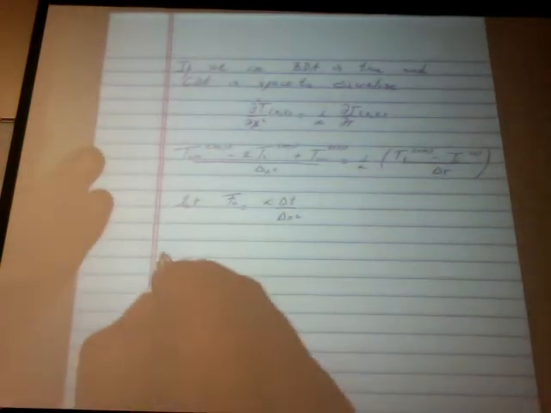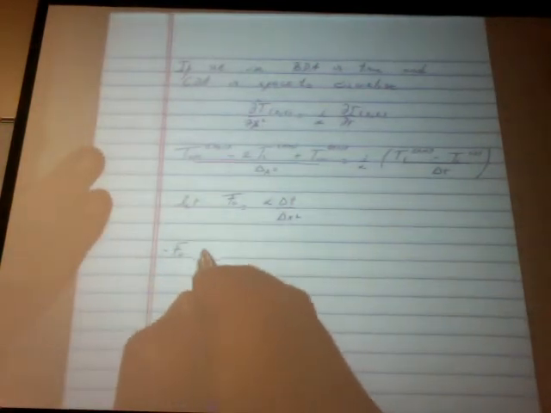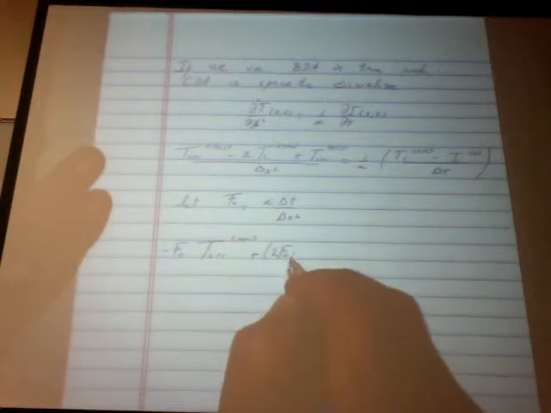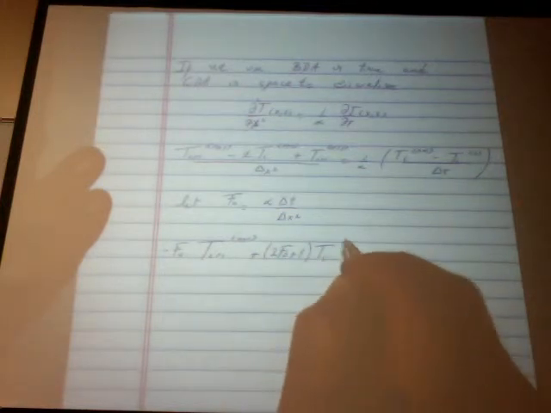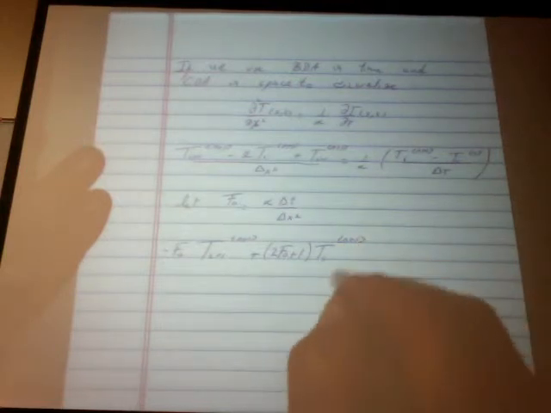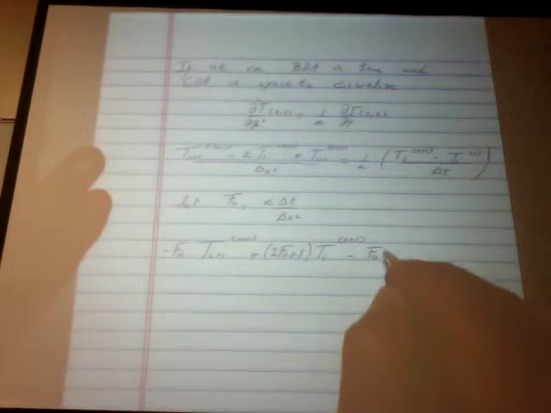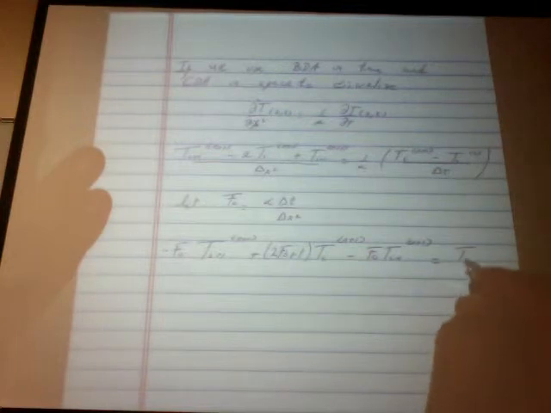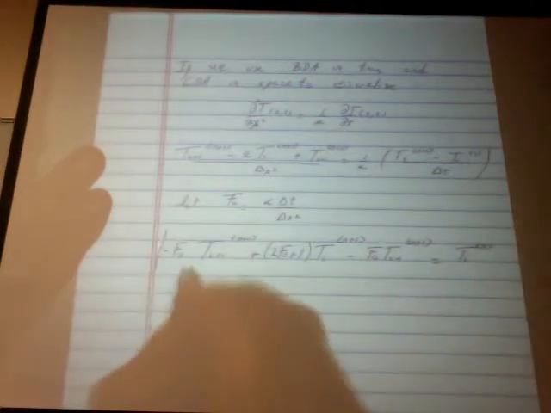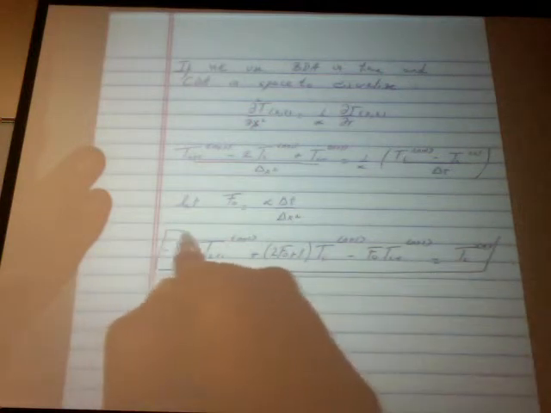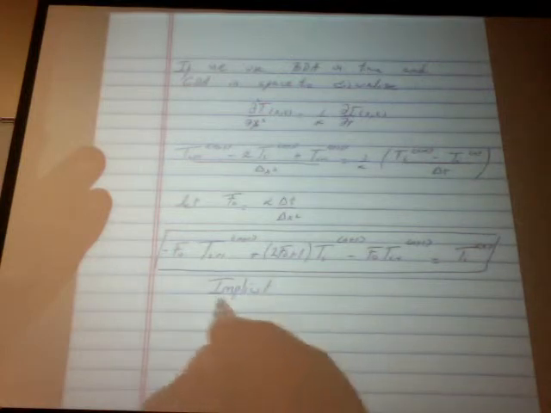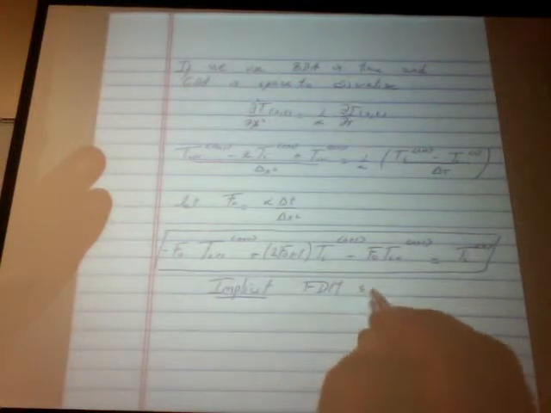And this will become minus FO times T at i plus 1, n plus 1, plus 2FO plus 1 times Ti at n plus 1, minus FO times Ti minus 1 at n plus 1, is equal to Ti at n. This is an implicit FDM scheme.